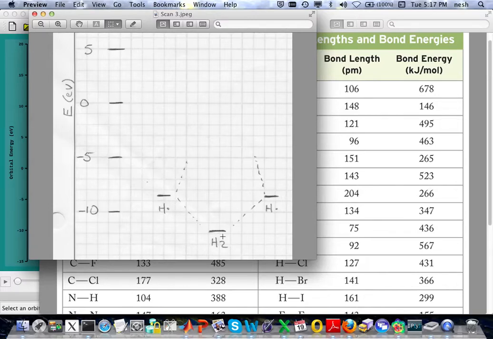And there was that molecular orbital at about minus 11.8, and you'll want to fill in what the energy of the antibonding s orbital for H2 was. And then we'll just carry on with this in class.